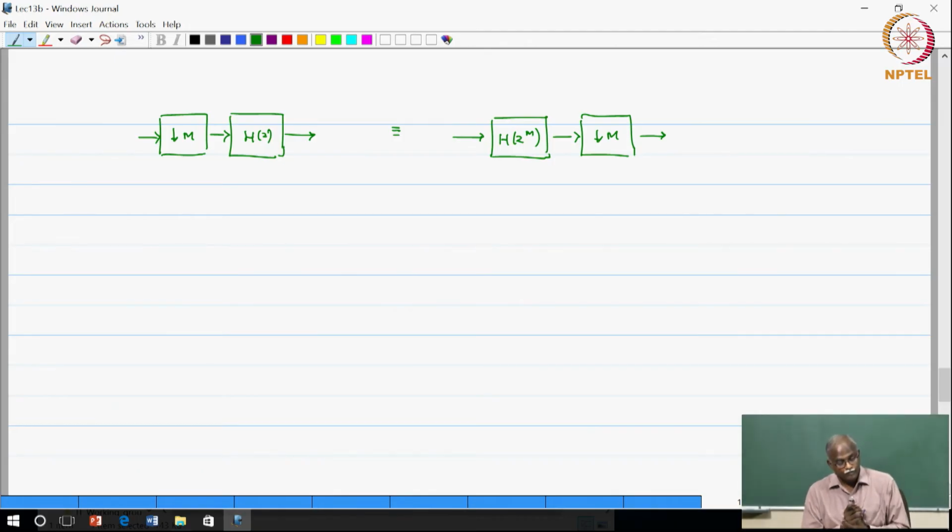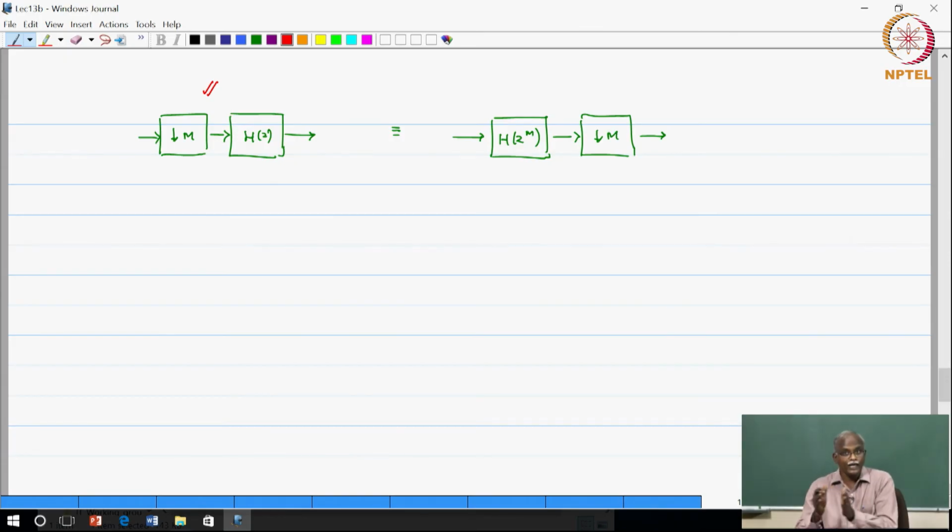Okay. Now, it is very easy to see the principle that we stated in the last lecture, in the earlier slide, which says that it is always advantageous to do the downsampling first followed by any operation. So, of these two, this will be the preferred structure.